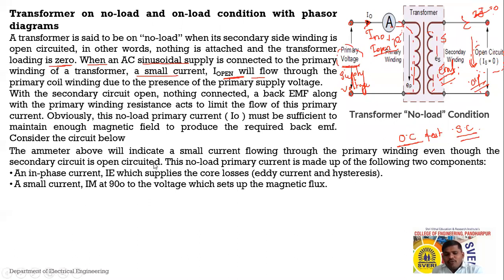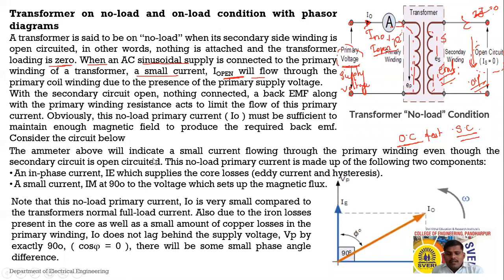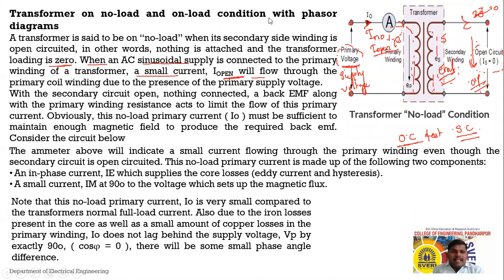जरी secondary circuit open circuited असेल, if the secondary circuit is open circuited, then there is still some primary current taken from the supply. So it is shown by the no load current, I0, the no load current taken from the supply.